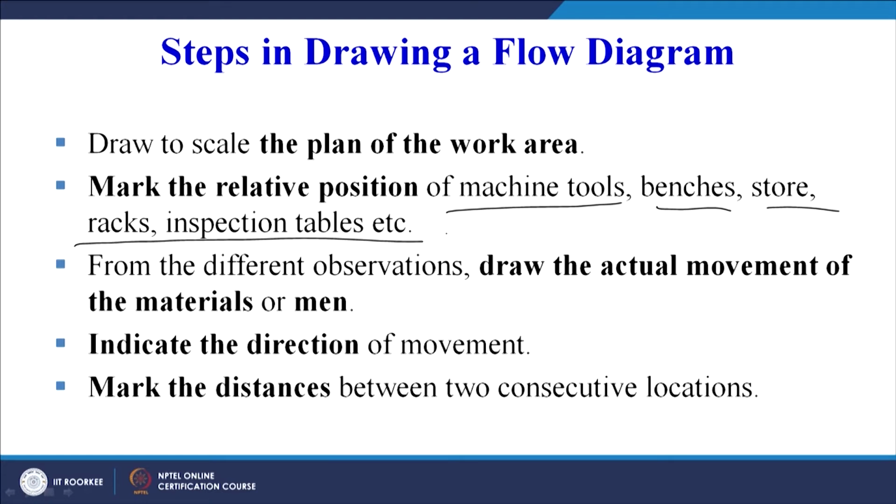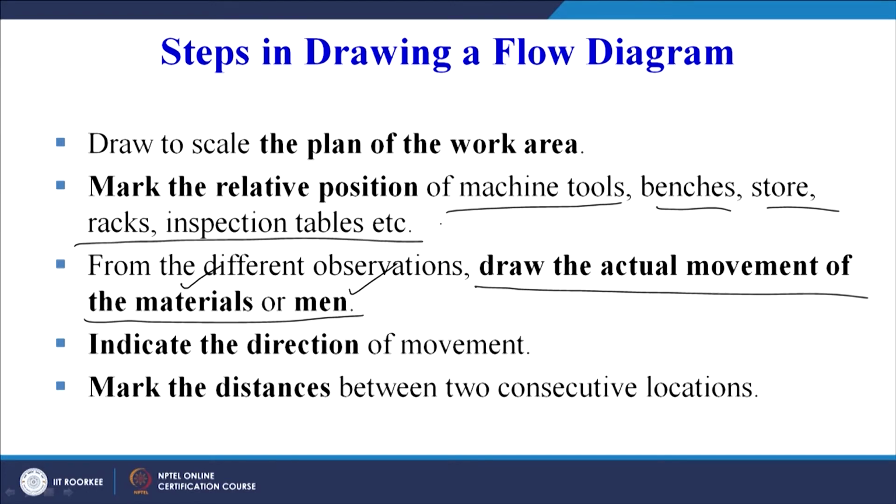From the different observations, draw the actual movement of the materials or men. If you want to mark the movement of materials, then you focus on materials, or if you want to mark the movement of men, then you can focus on men. And if you mark the movement of both, materials as well as men, then you can use different colors to depict the movement of men and material.